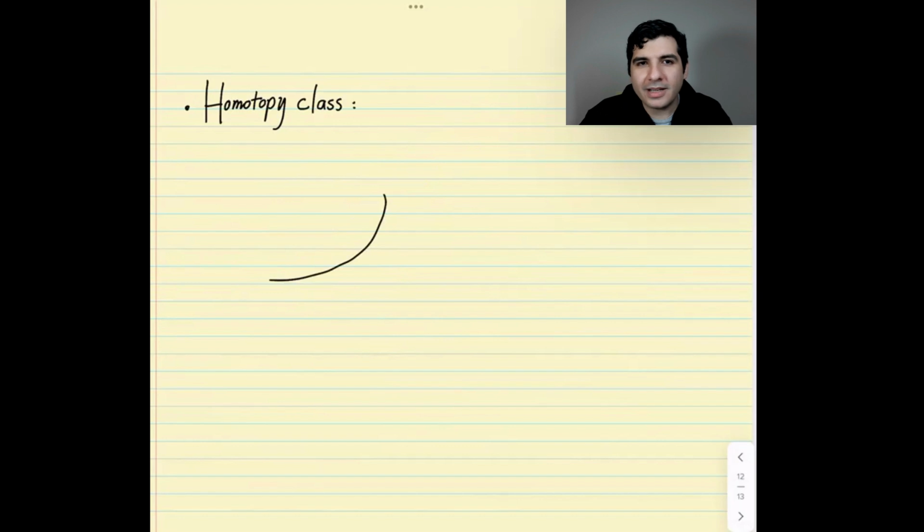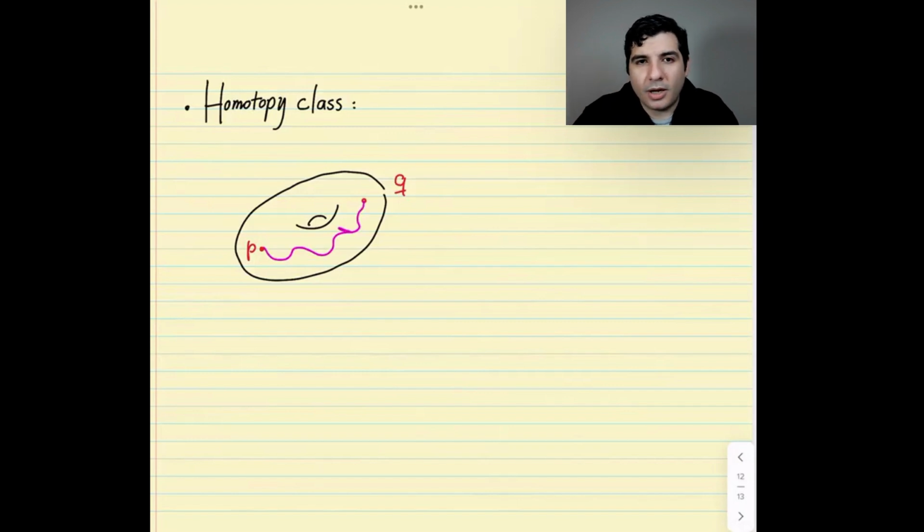Let me give a very shallow, intuitive description of that. Consider the torus, the surface of a donut. Let's say P and Q are two different points, and we pick a pink curve from P to Q. Now we can slightly deform this pink curve to get to that red curve. Just push it around a little bit. We can push it more to get to this orange curve.